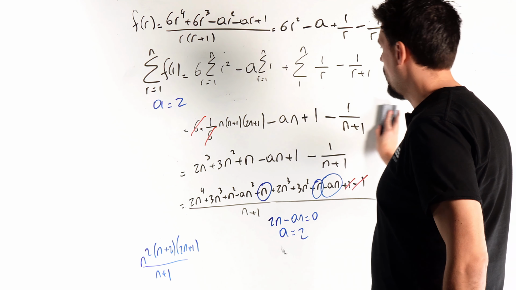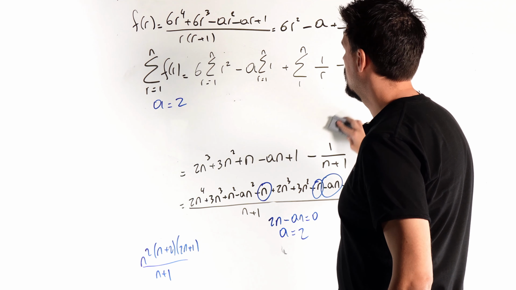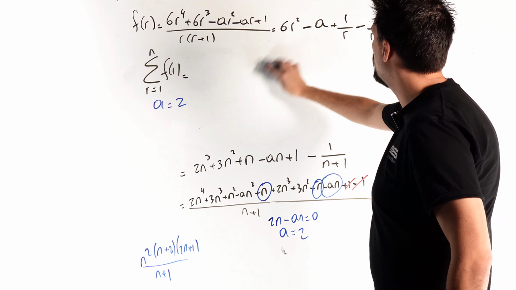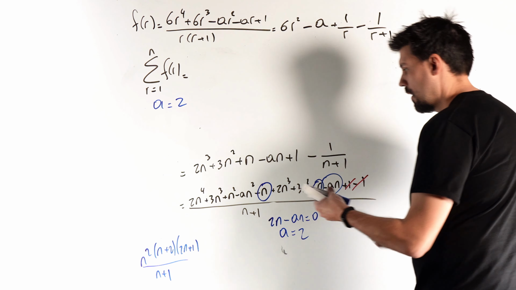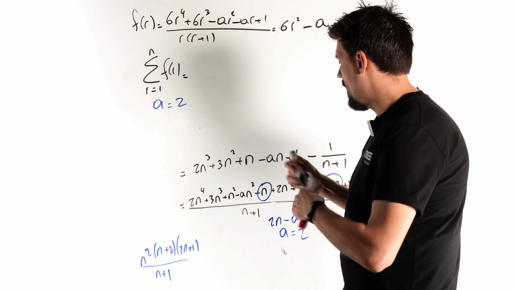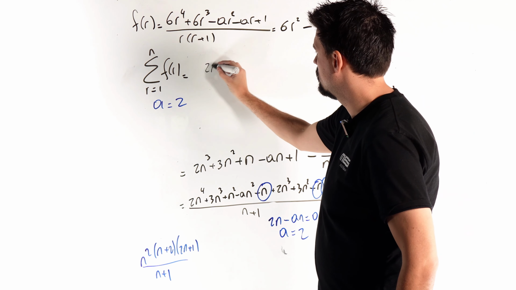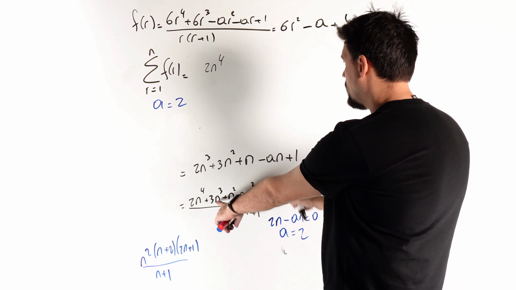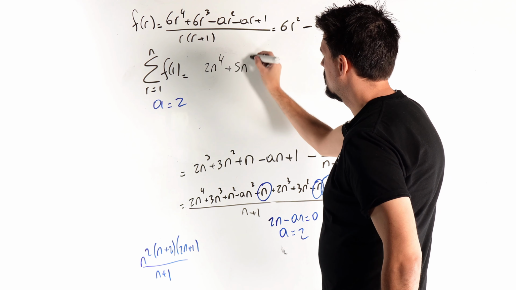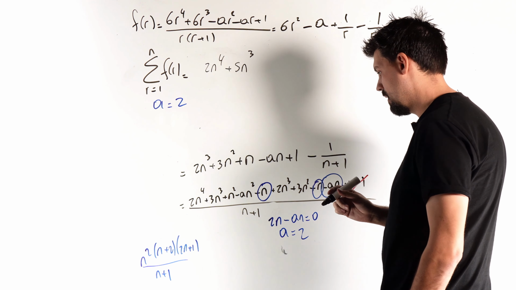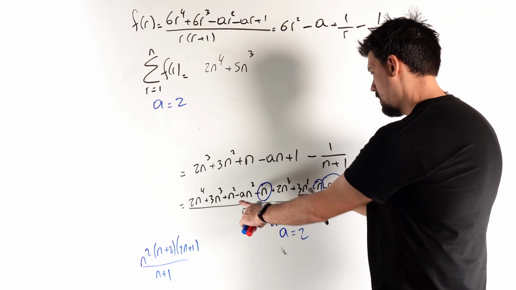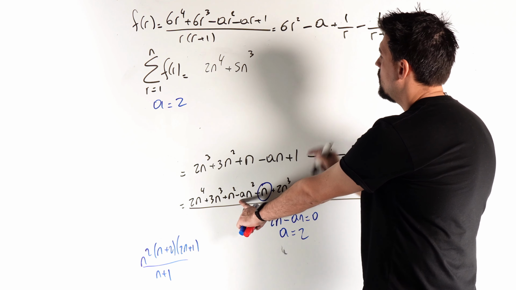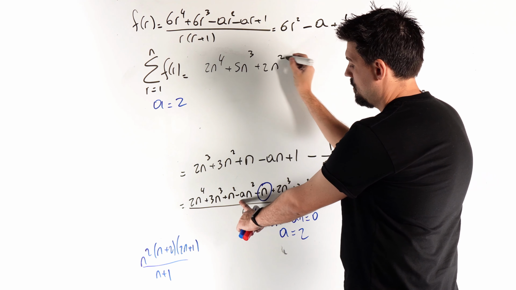If I take a equal to 2, what do we end up with? We will end up with 2n to the 4, 3n cubed, 2n cubed, 5n cubed. Okay. Now n squared, 1n squared, 3n squared, 4n squared, minus 2n squared, plus 2n squared.